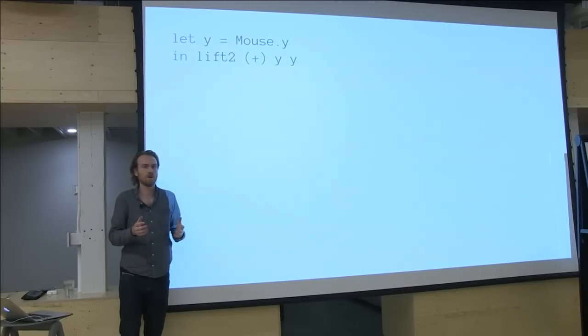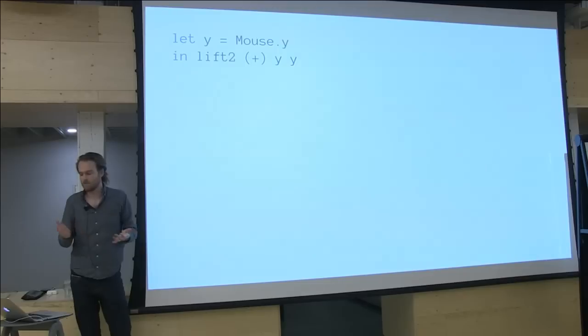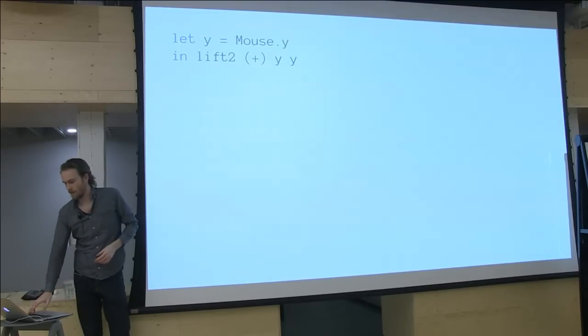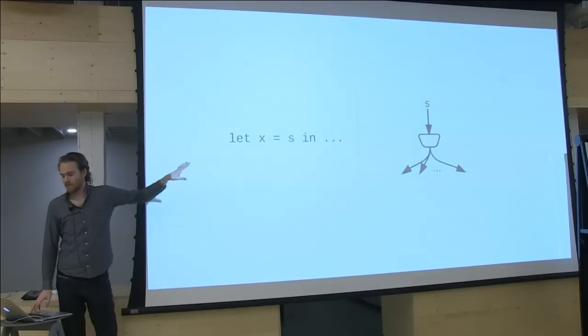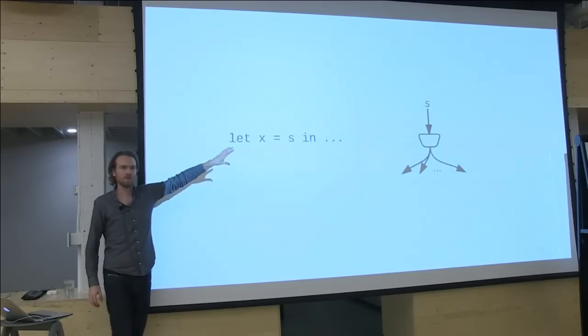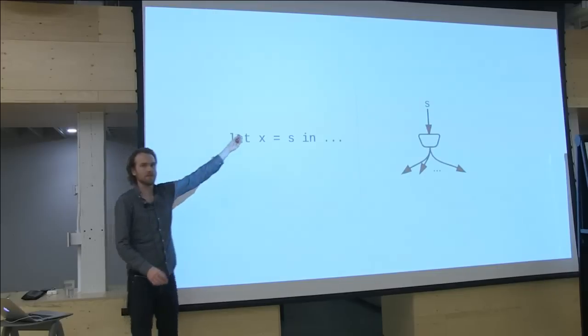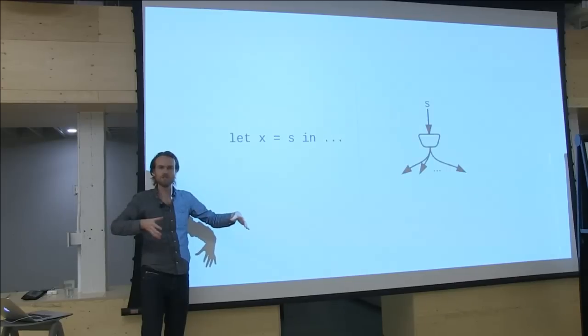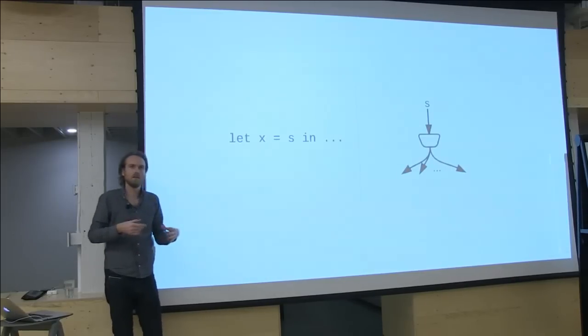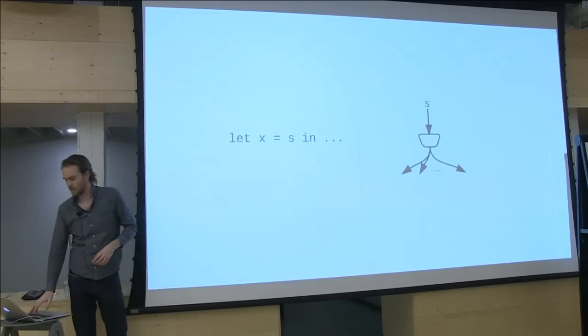If you're familiar with imperative languages, it's the closest thing to local variable assignment. So this is how let is shown in the paper, and the reason they show it this way is because let lets you use a signal in multiple other signals, and the importance of that I'll get into.